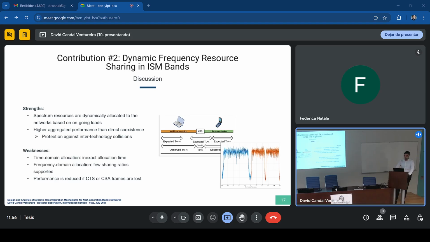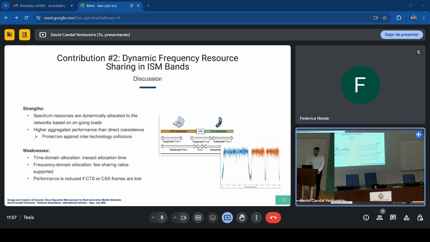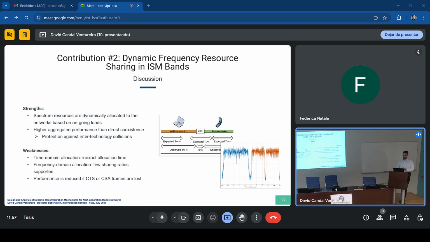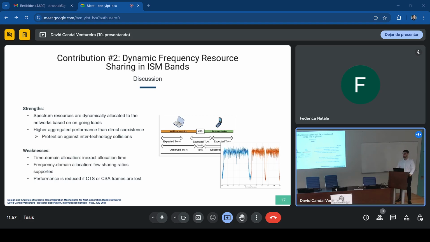This effect may lead to undetected collisions in environments where devices using different technologies are spread, reducing the performance. But when using our solutions, as we multiplex transmissions from different technologies in time or frequency domains, these results are not affected. Therefore, the difference in performance when using our approaches compared to direct coexistence is actually greater. However, they have two major weaknesses.